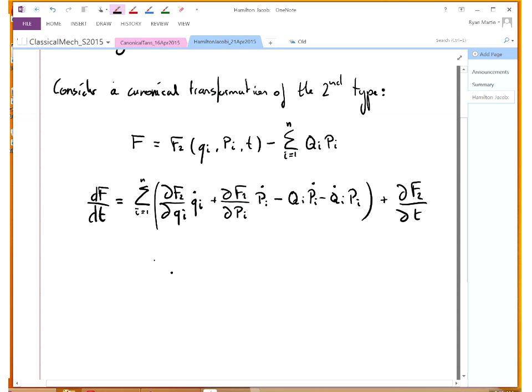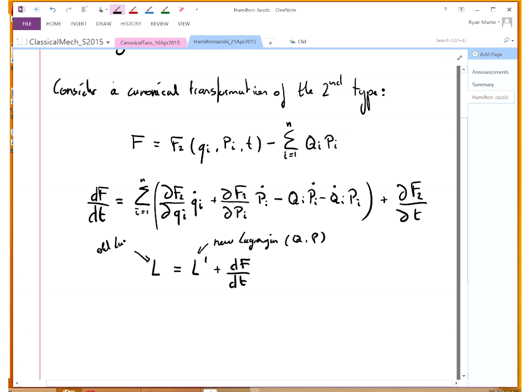So we wrote that L, the old Lagrangian, has to be equal to the new Lagrangian plus some total time derivative. So L prime, that's the new Lagrangian, depends on capital Q's and capital P's.